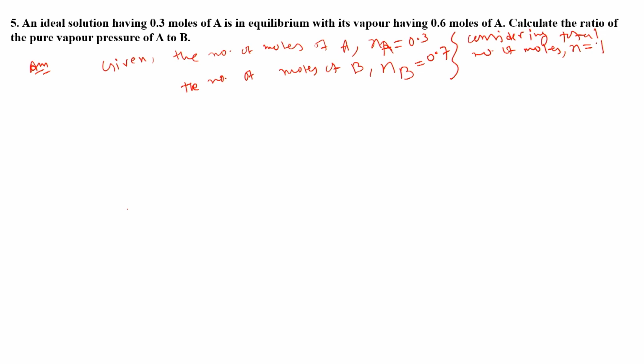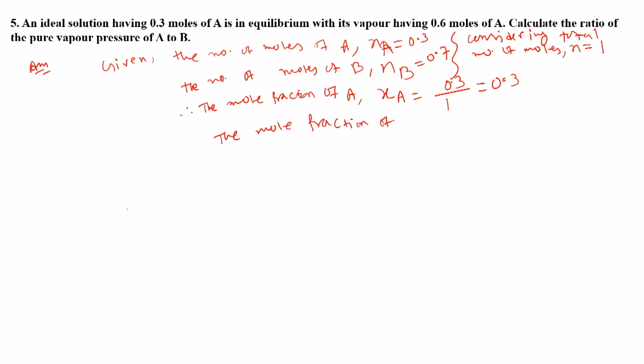So the mole fraction of A, Xa, is 0.3 by total number of moles 1, so we get 0.3, and the mole fraction of B, Xb, is Nb by N, which gives you 0.7.